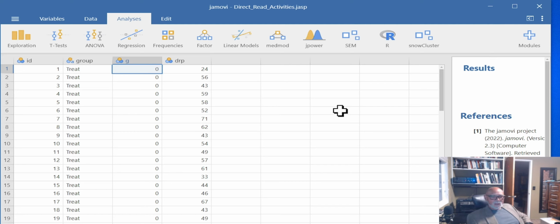If by knowing the score on one variable, it tells you absolutely nothing about the other variable, then you don't have a relationship. So in this exercise, we're going to do an independent samples t-test.